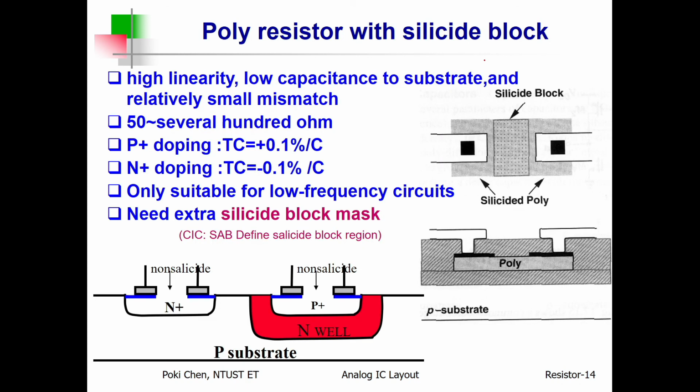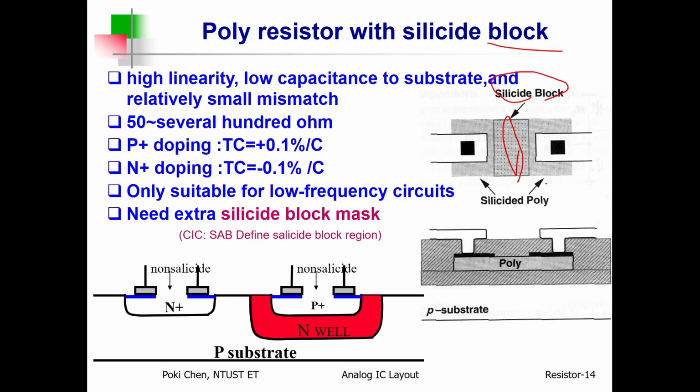Then, as I mentioned, if you hate such silicidation reducing your resistance, you can prevent it by using the so-called silicide block mask. For example, above the surface of your polygate, you can have such a silicide block mask.